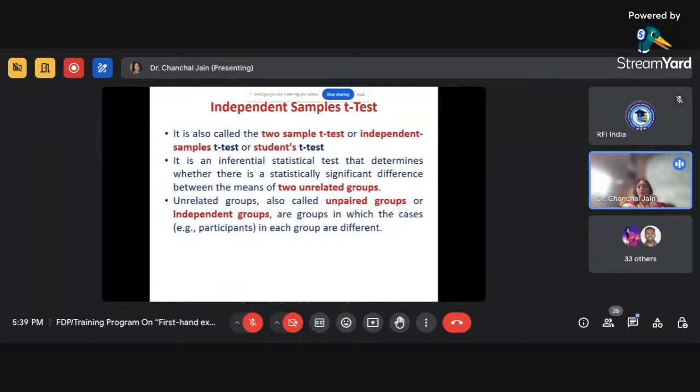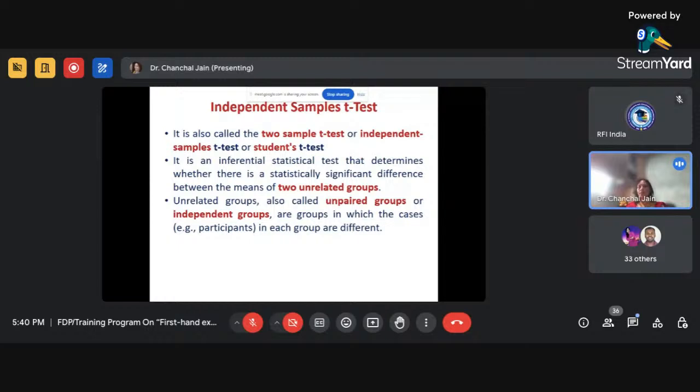I'm saying marital status, so maybe I have divided my sample into married people and unmarried people, and then I'm collecting their responses. These two groups are unrelated, because it is quite obvious that a person who is married cannot be part of the unmarried group. Similarly, a person who is unmarried cannot be part of the married group, right? So these two groups are unrelated groups.